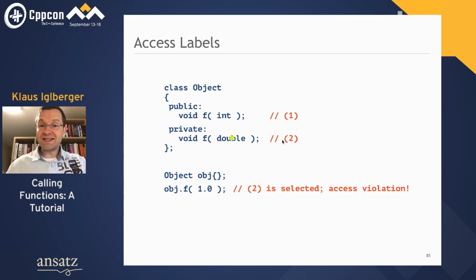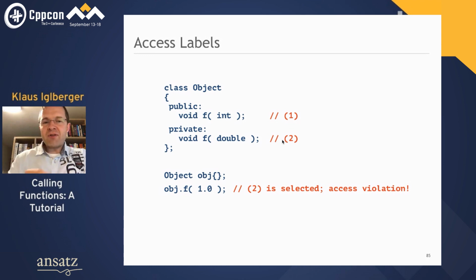So function 2 is selected. Only afterwards, I take a look at these labels and find that this function has been put into the private section. I have an access violation. There is a very good reason why it is working in this order, because again, it is supposed to prevent you from surprises.